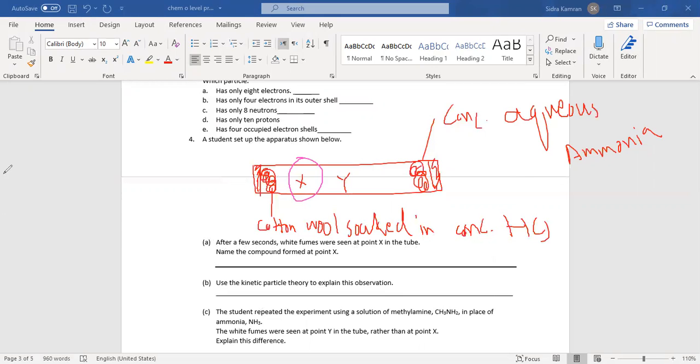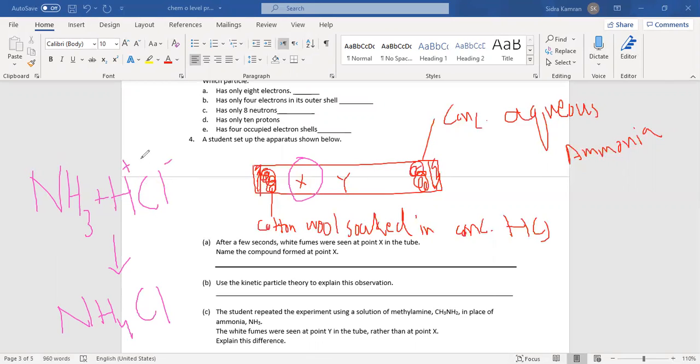As we know, ammonia and HCl are reacting. Ammonia plus HCl will produce ammonium chloride. One H is attached to this NH3, and the chloride ion is negative while this is positive, a partial positive and a partial negative.